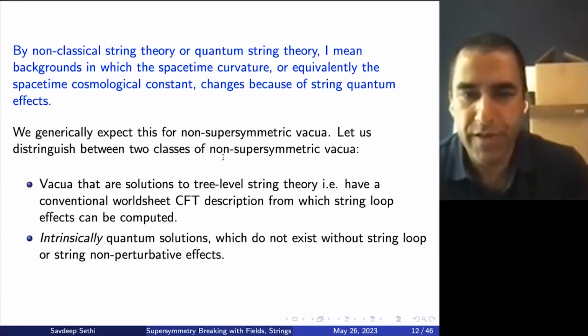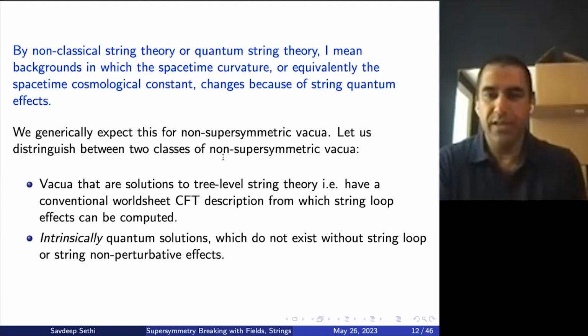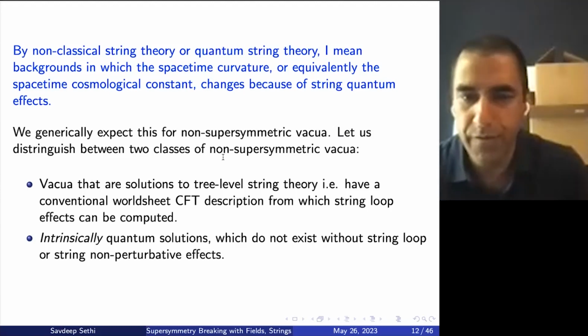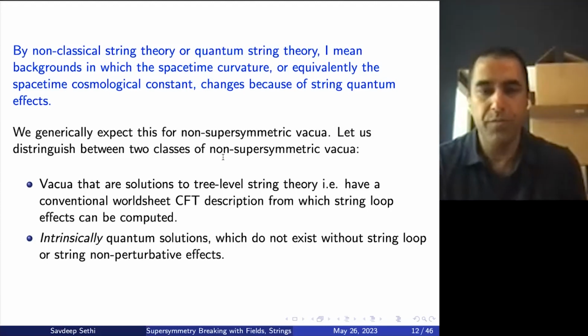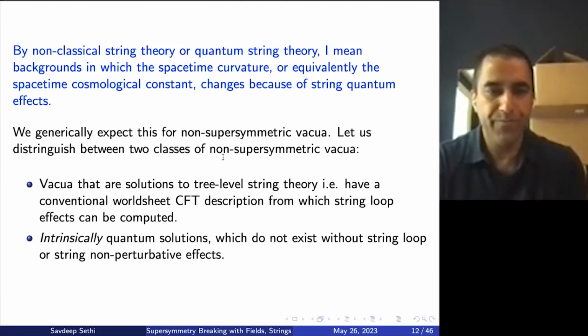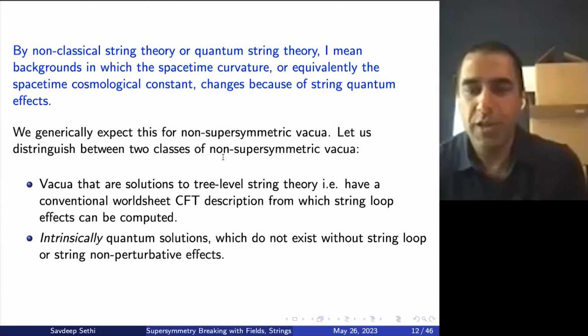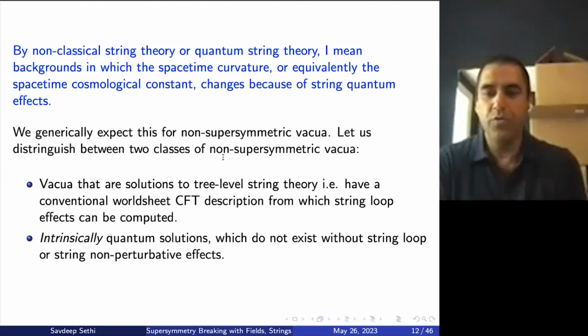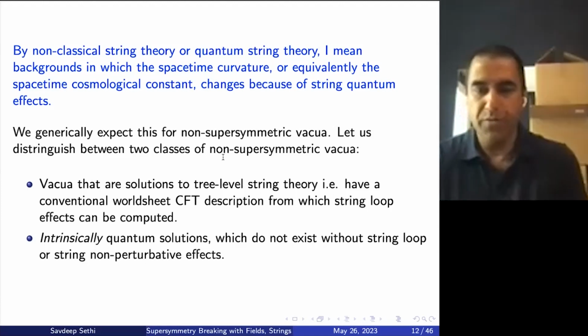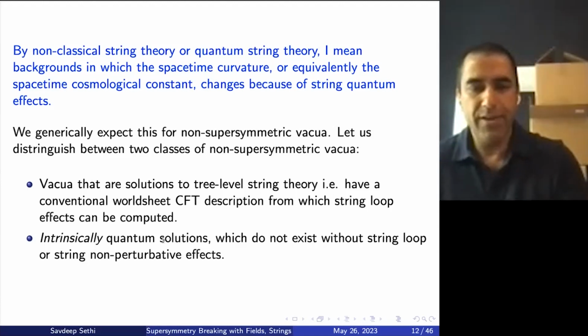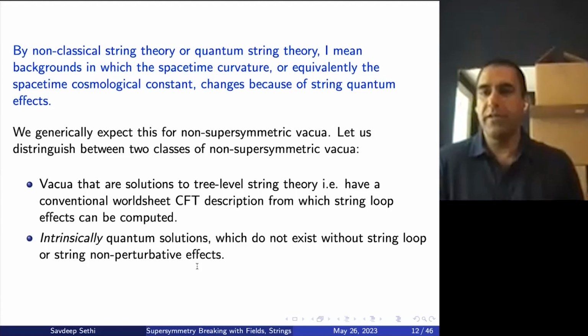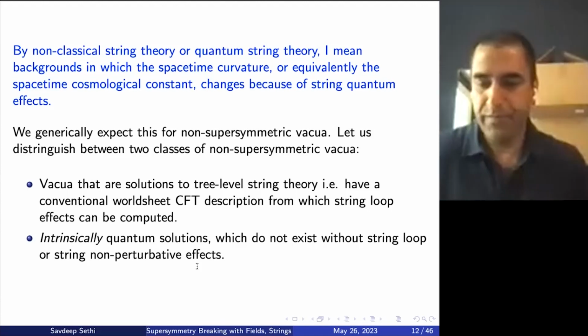Vacua that are solutions to tree-level string theory, i.e. vacua that have a conventional worldsheet conformal field theory description from which one can begin to compute loop effects. And what we might call intrinsically quantum solutions, which don't exist unless you already include string loop or string non-perturbative effects. The latter case appears in a lot of the landscape constructions.